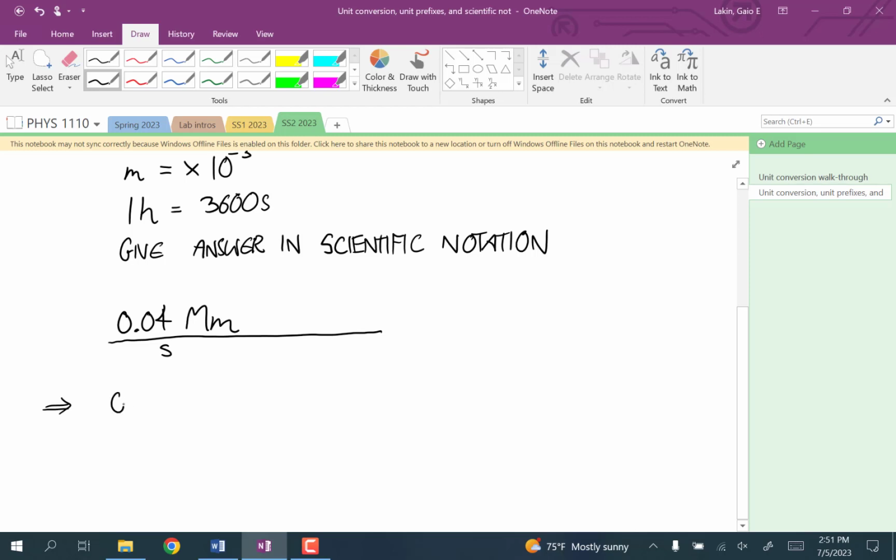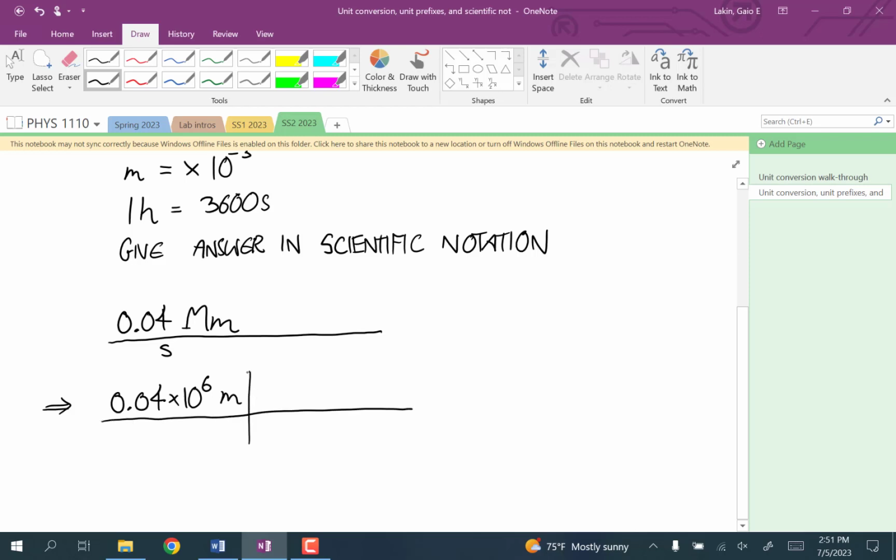Okay, and the way that should work is, I'm just going to write this again. In place, since we're going from a prefix to no prefix, I'm just going to replace this mega with its meaning. So I'm going to write this as 0.04 times 10 to the 6th meters. Okay, so that's why I say that's the easy direction.